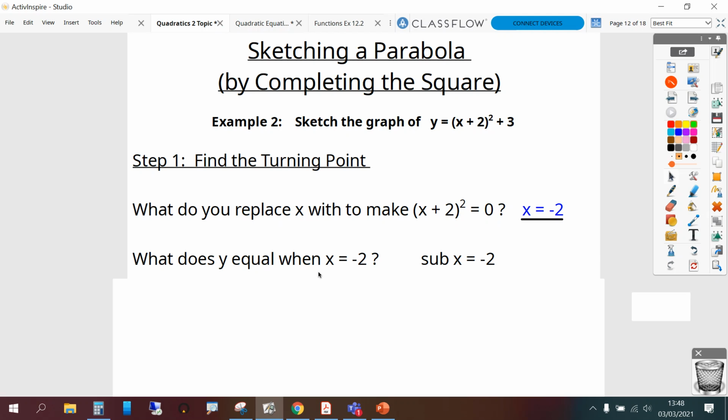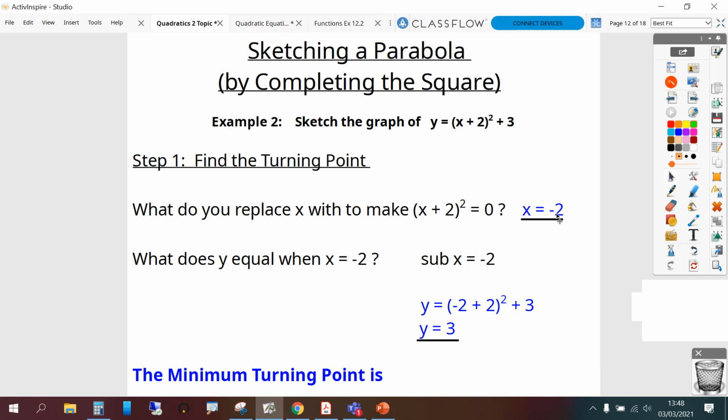What does y equal when x is negative 2? Well, substitute negative 2 in, and inside the bracket we get 0 squared, 0, and then add on 3, so we get 3. Right, therefore, our minimum turning point is (-2, 3).